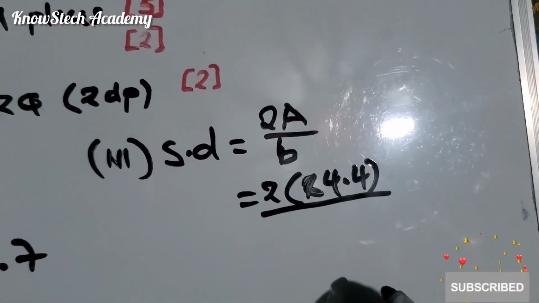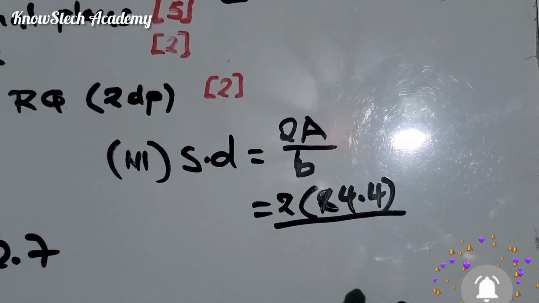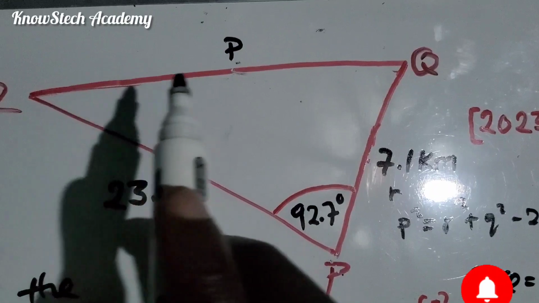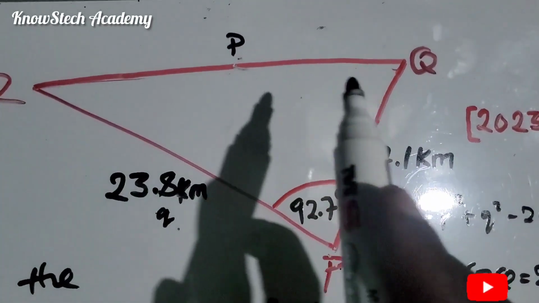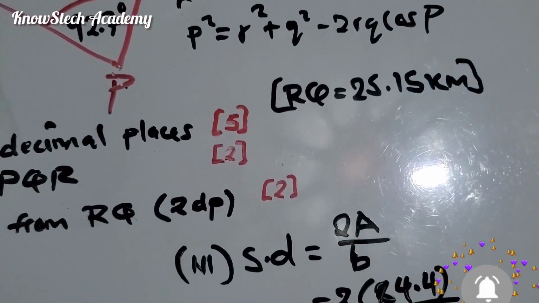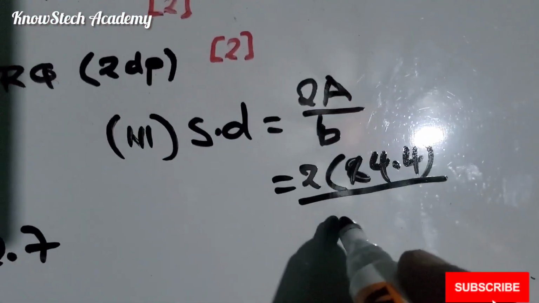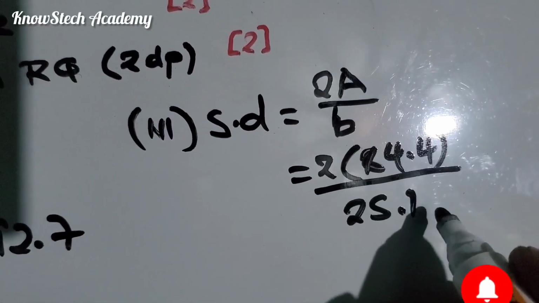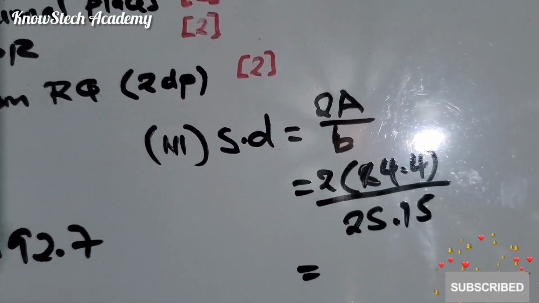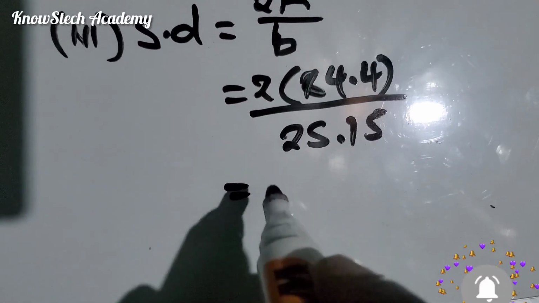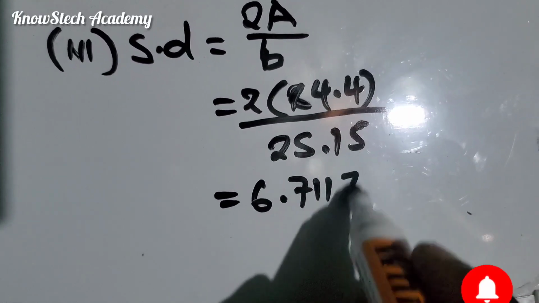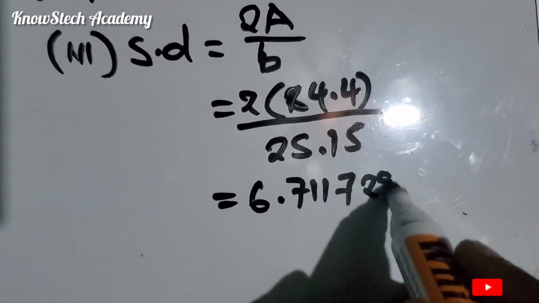Over the base. The base is RQ, which we've already calculated, which is 25.15. Okay, so when we do our calculations, we're going to find 6.7117296.